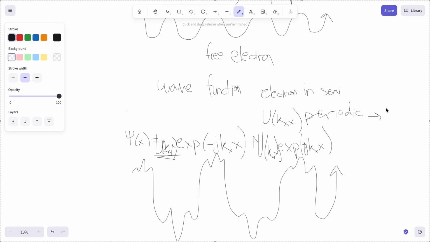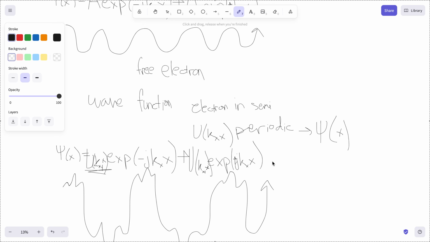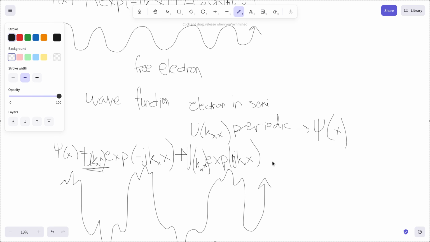The wave function of the electron is also periodic, and the wave function describes the energy of the electron. And we say that phi of x has Bloch form. What I'm describing right now is called Bloch's theorem.